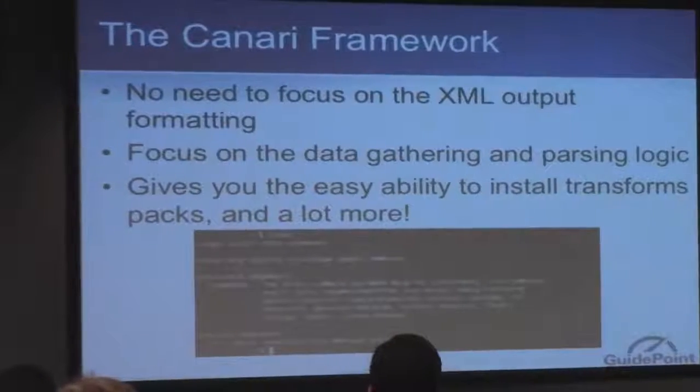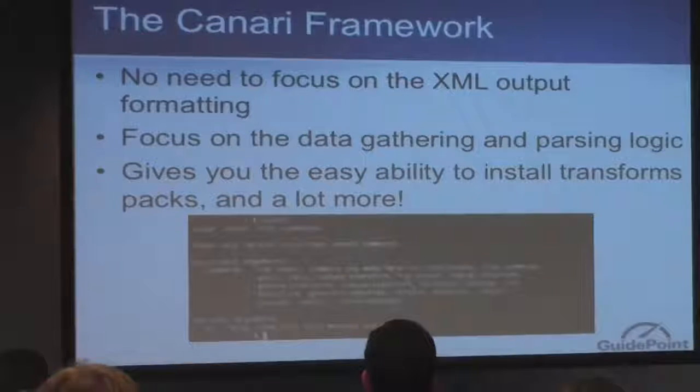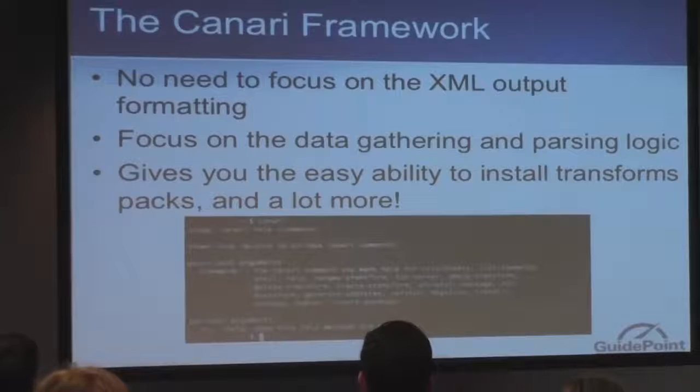I'm just not a fan. I don't like building my own XML. I don't like outputting it. So I can use Canary to just focus on the logic of my code and parsing the data that I'm trying to input into a graph. It's really scalable and really easy to install transforms across the board.